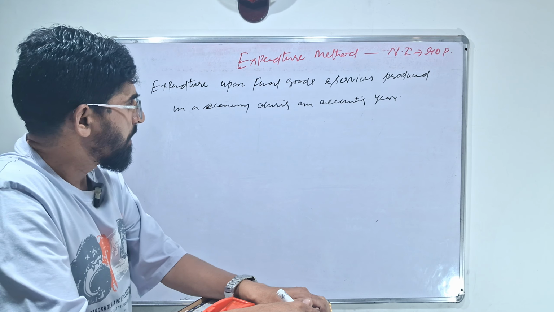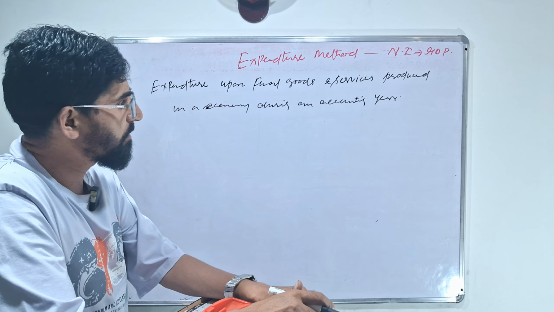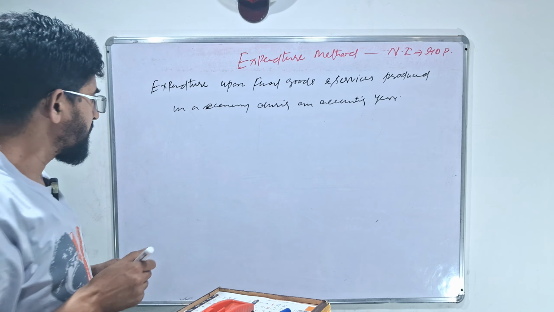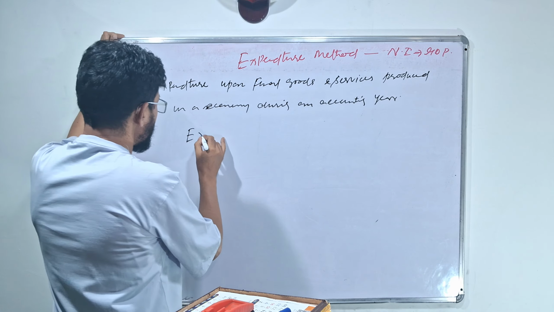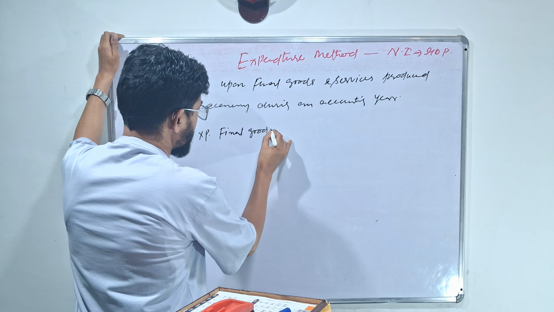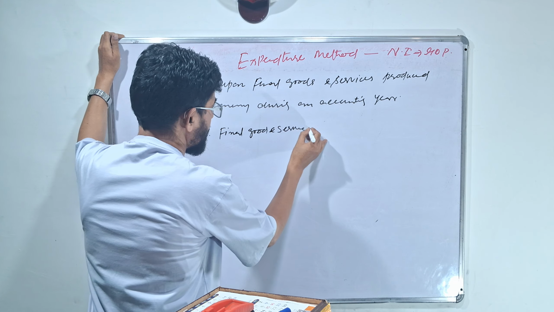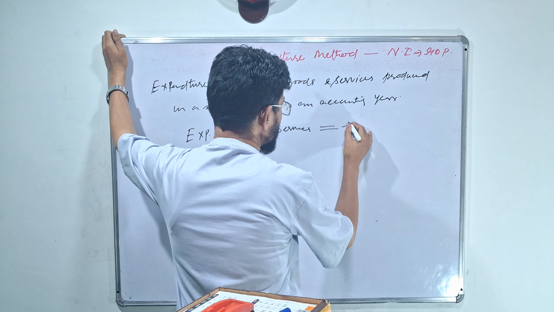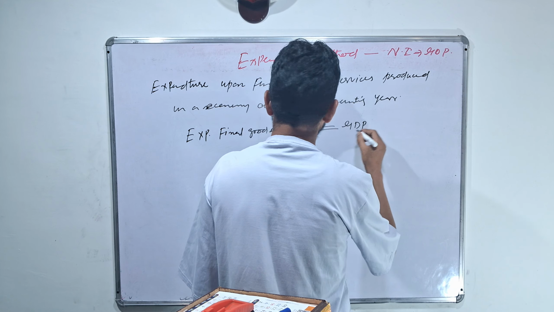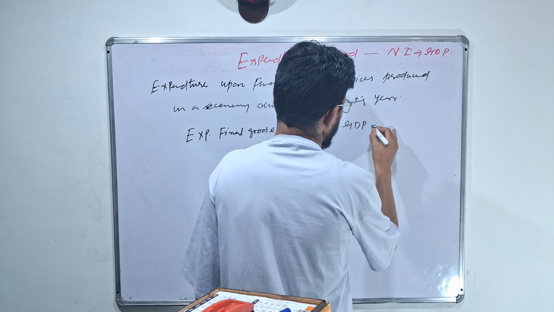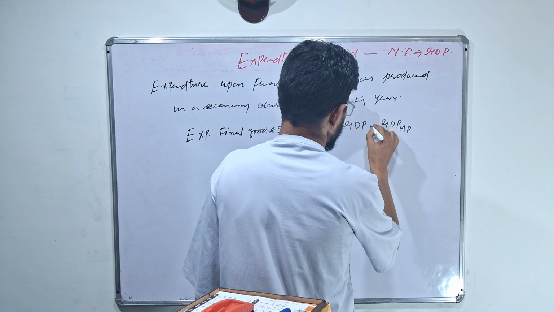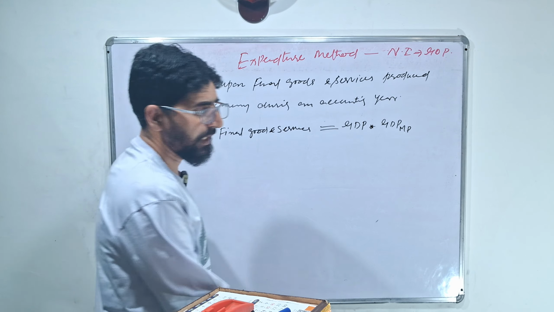When we have to estimate expenditure on final goods and services during the year, it is equal to GDP, that is GDP at market price.